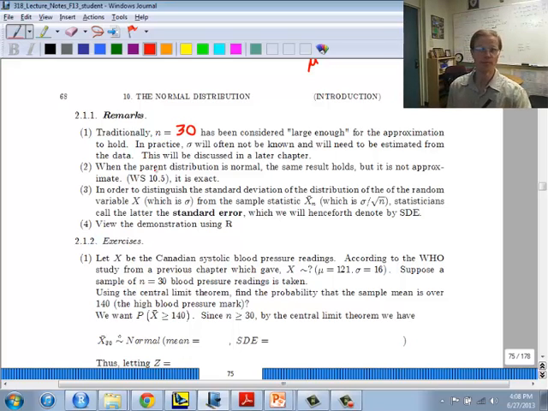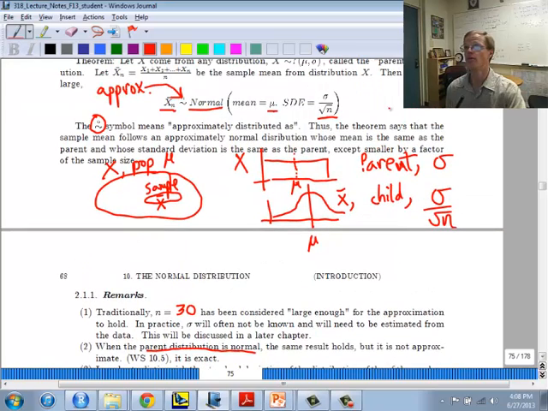I would also like to point out that when the parent is actually normal, then the approximation goes away. The result is exact. So that's something to keep in mind. Remark number 3. We have a standard deviation of the parent, and then we have a standard deviation of the child.